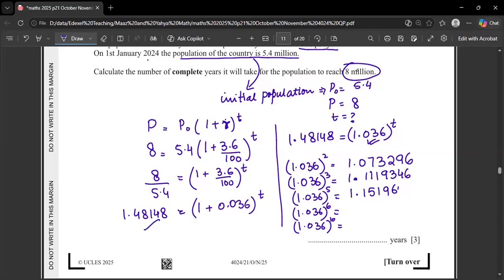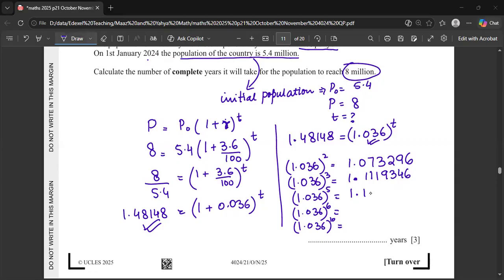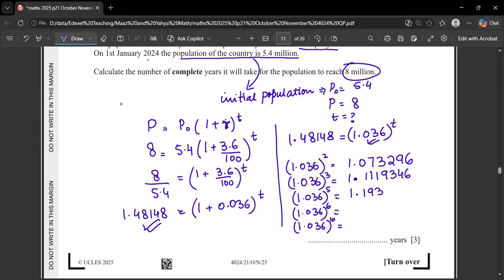We want to tally this number, 1.48148. 1.1919 34350.